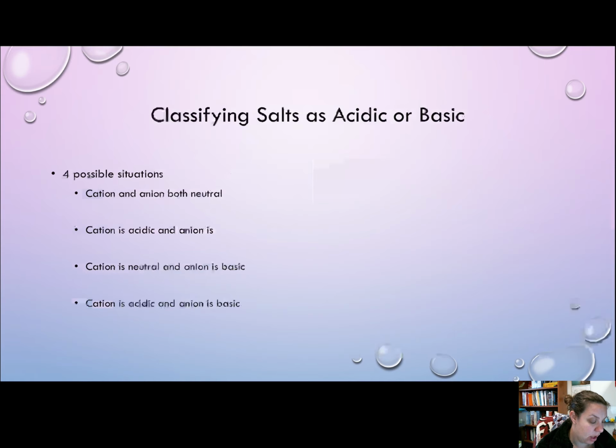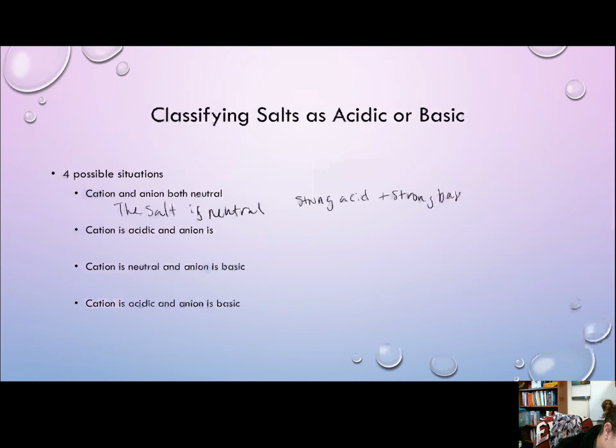So, just to kind of wrap it up, we can have a cation and anion that are both neutral, so the salt is neutral. And this comes from a strong acid plus strong base neutralization. Okay.